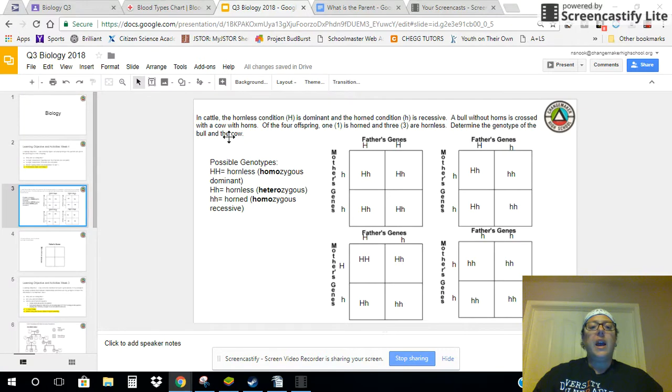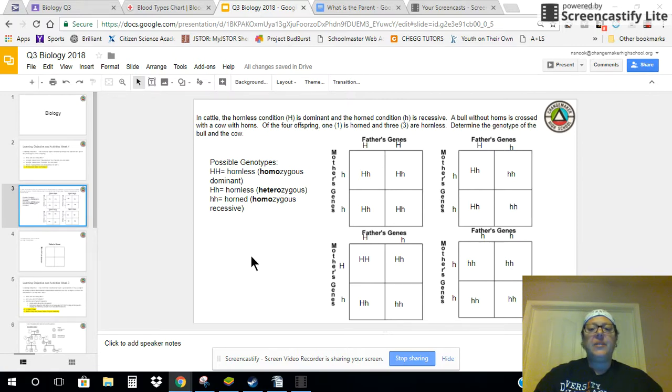It is crossed with a cow with horns, which we know from down here is little h. So the top two show a mother that has horns. And the bottom right one also shows a mother that has horns, but we already know this is out of the picture.